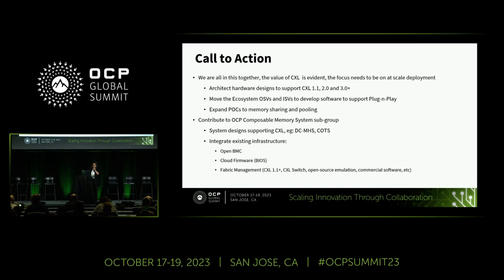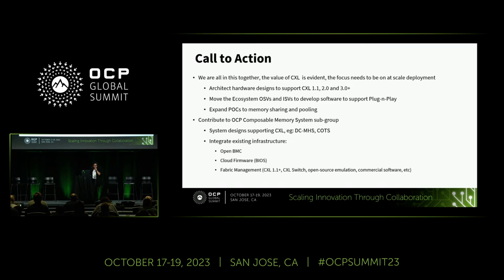So, call to action. We're basically all in this together. We have seen that the value of CXL is evident, so the focus is now on at-scale deployment. One of our presentations earlier talked about architecting hardware designs that support CXL, all of the CXL protocols, and do it in such a way that it's easy to adapt in existing data center environments.